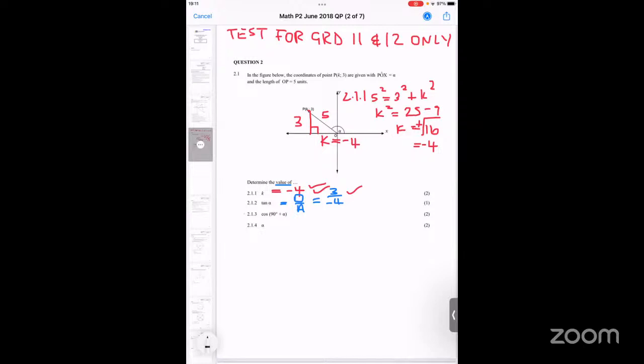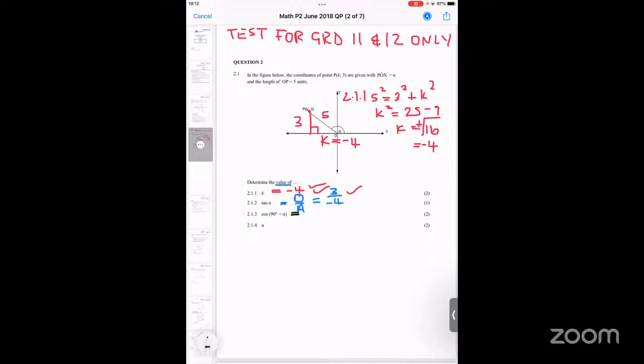Okay, I don't know how to explain this, but since we have this cos(90 plus alpha), we are going to use the reduction formula. Because 90 degrees plus alpha falls into the second quadrant, and in the second quadrant cos is negative, and it will change into sine alpha.